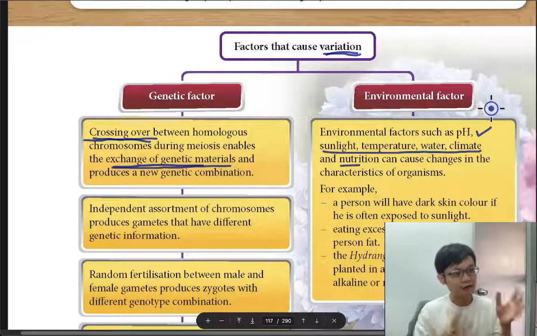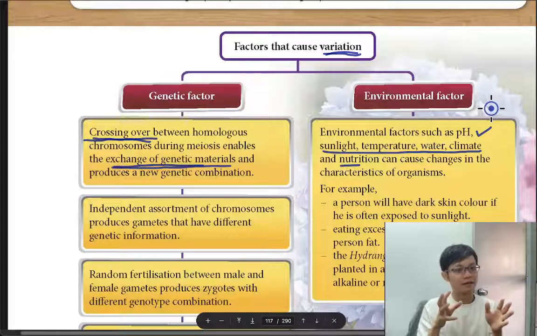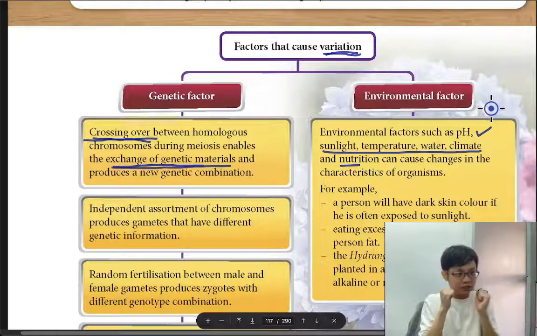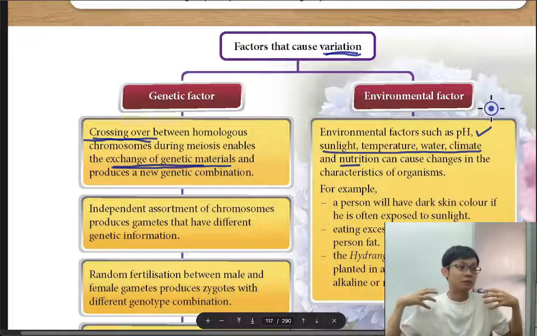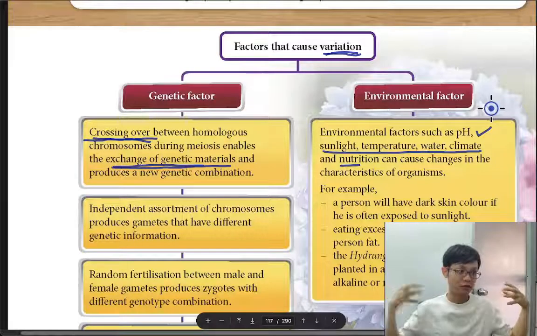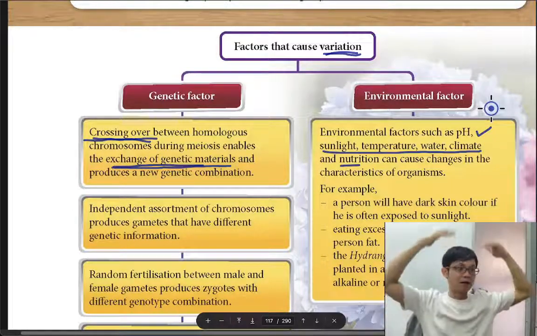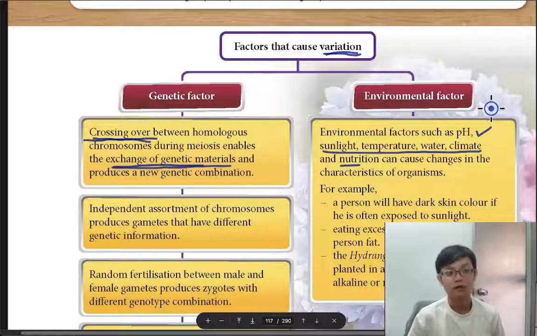If you live in Russia, because Russia is very cold, eventually the body becomes bigger and very tall. That's why Western people are taller.